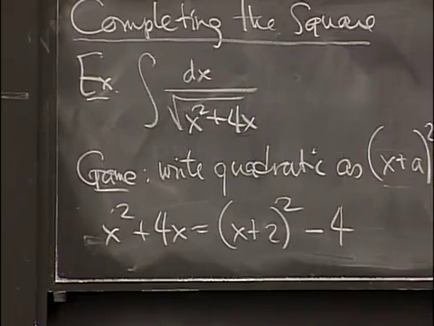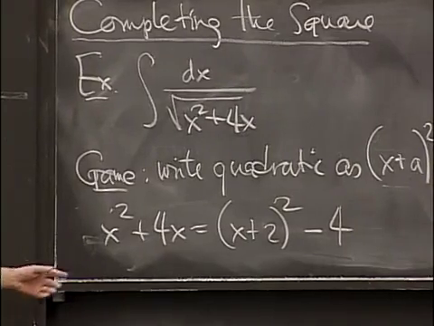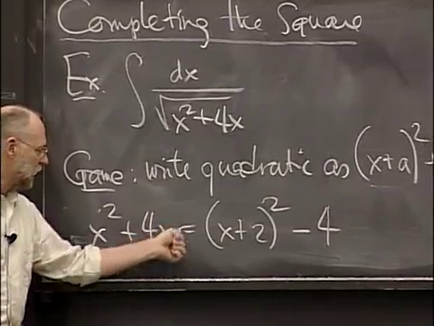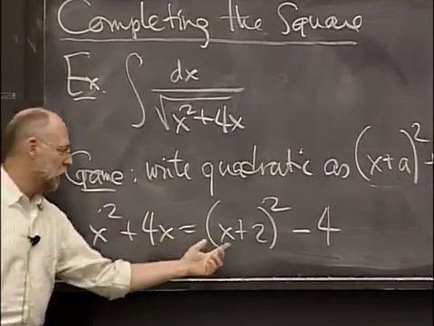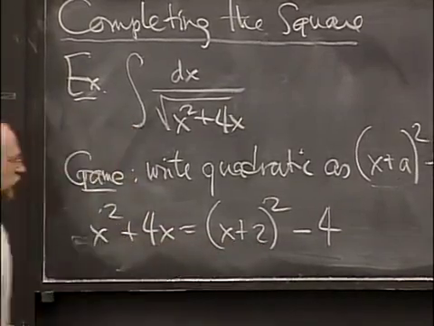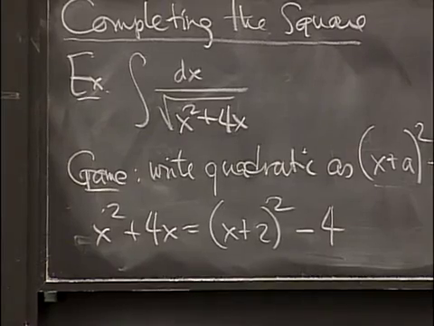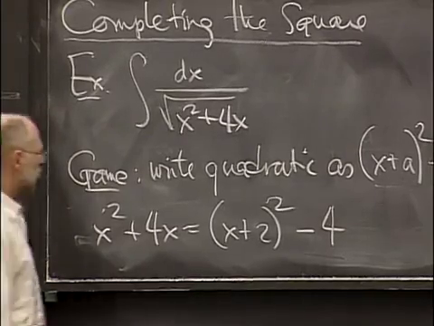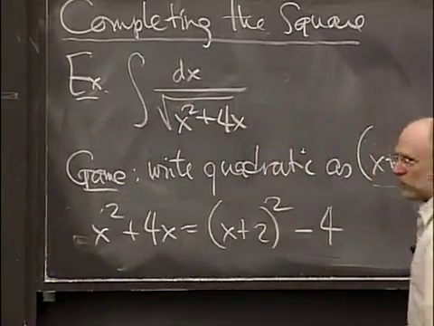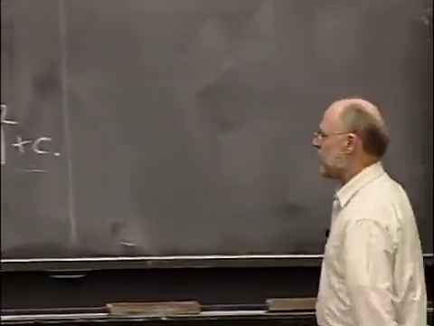So that's what I mean. I've completed the square. The word for this process of eliminating the middle term by using the square of an expression like that is called completing the square. And we can use that process to compute this integral. So let's do that.